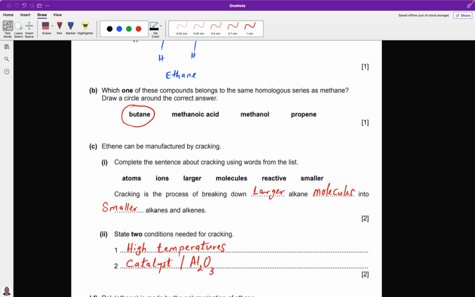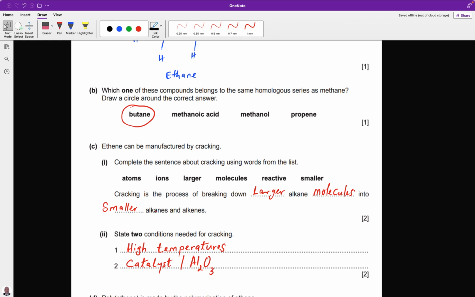Ethene can be manufactured by cracking. Complete the sentence about cracking using words from the list. We have atoms, ions, larger molecules, reactive, and smaller. So what is cracking?